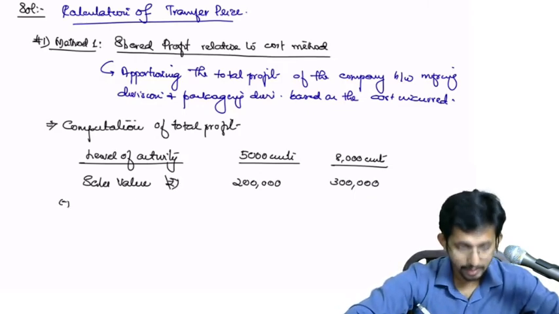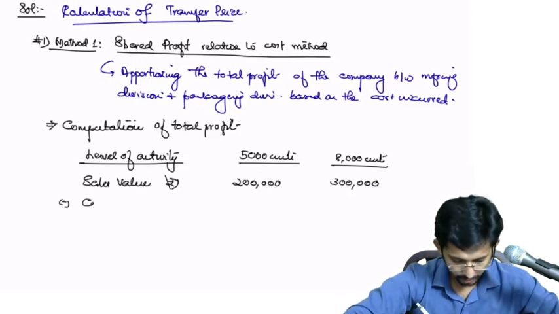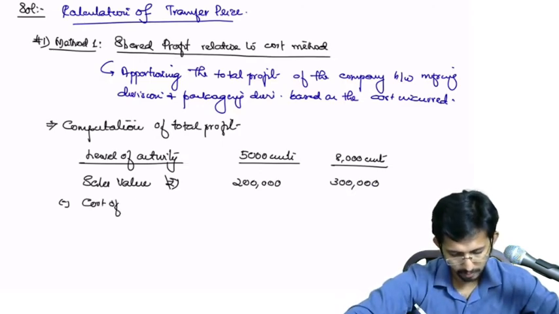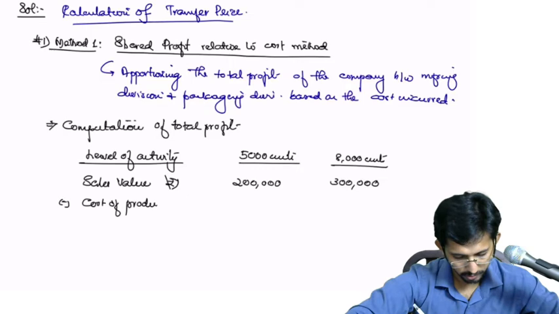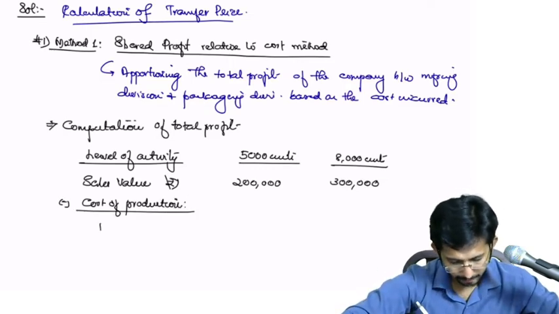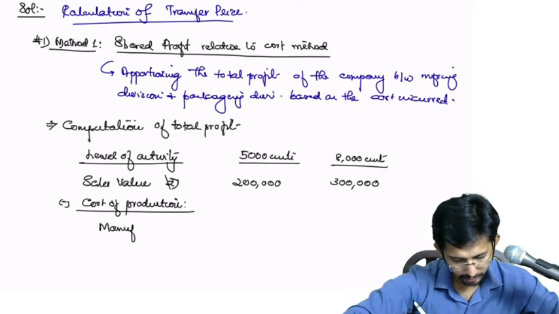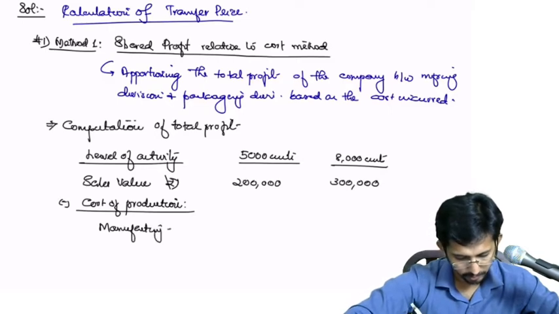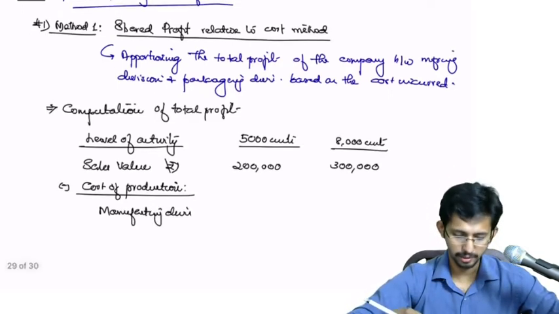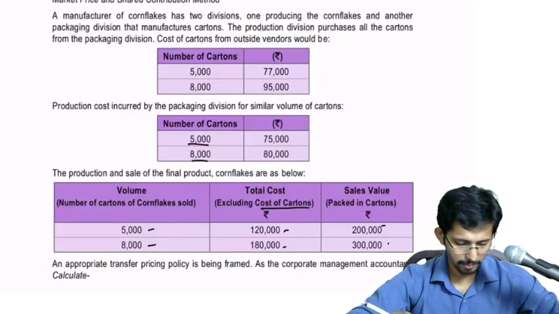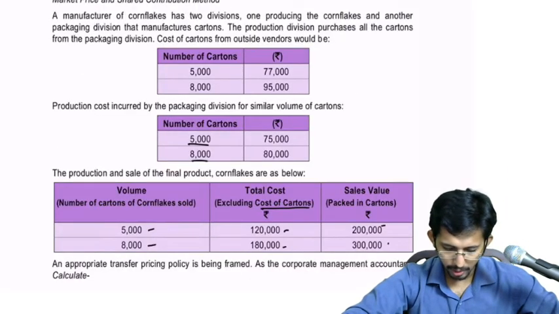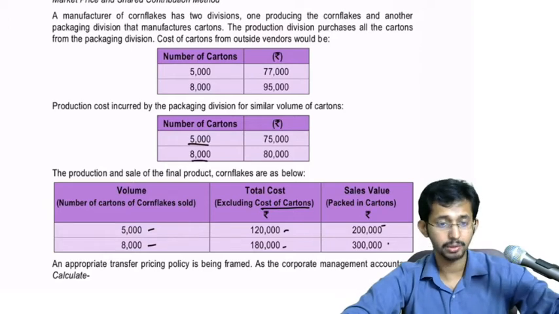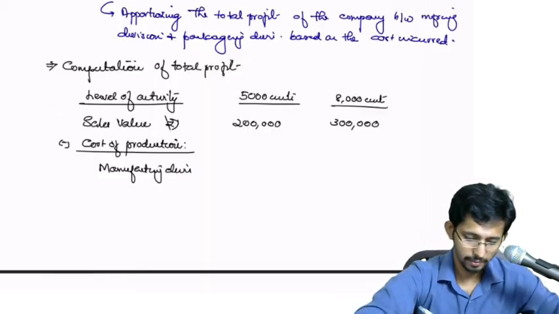Okay, less what? Cost. Okay, cost of production incurred by the manufacturing division. What is the cost incurred by the manufacturing division? It is 1,20,000 and 1,80,000 respectively.